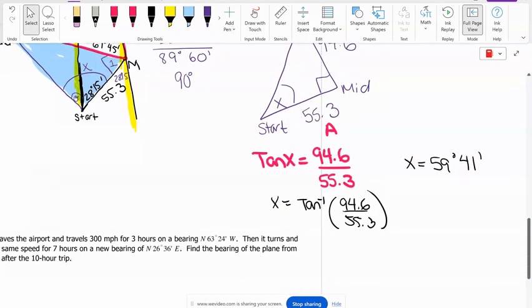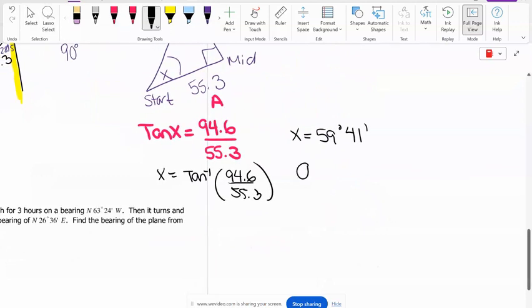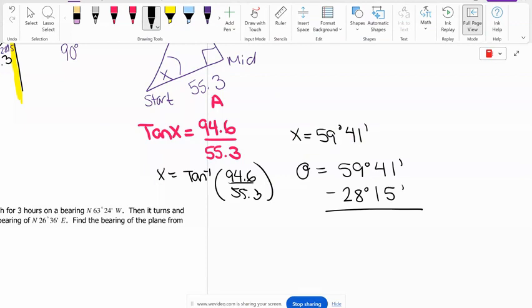So now, if this whole angle is 59 degrees and 41 minutes, how do I find just theta? Subtract what from it? You got it. So then theta will be 59 degrees and 41 minutes minus 28 degrees and 15 minutes, which will give us 31 degrees and 26 minutes. But I'm not done.